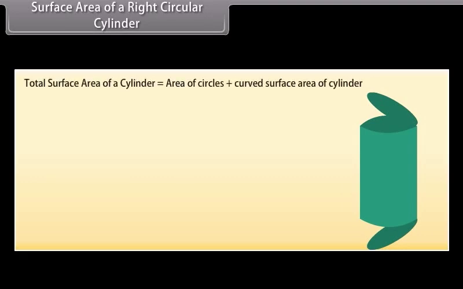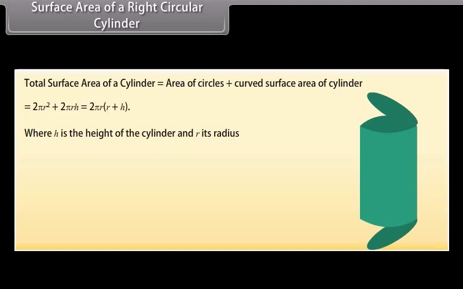And now if we cover the top and the bottom of the cylinder, we get its total surface area. Total surface area of a cylinder is equal to area of the two circles plus curved surface area of the cylinder. This is equal to 2 pi r square plus 2 pi rh, which is equal to 2 pi r into (r + h), where h is the height of the cylinder and r its radius.